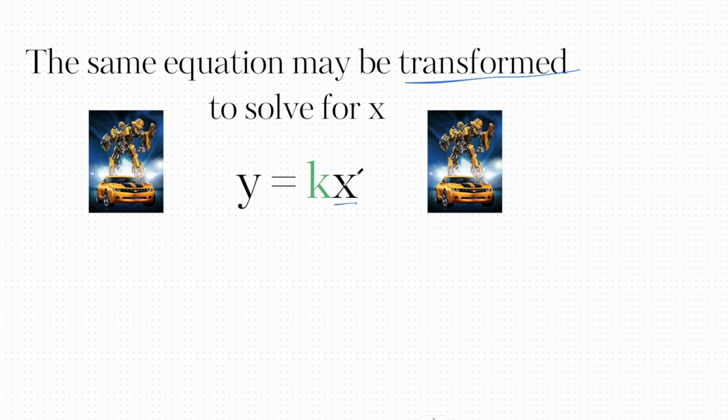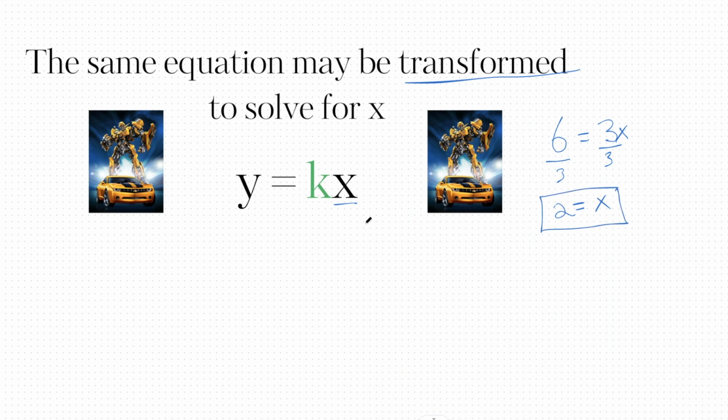Now, to do that, let me show you something a little more basic. Let's say we have 6 equals 3x. Remember, 3x means 3 times x. What you've learned so far in algebra is you can divide both sides by 3 to get x equals 2. We just transformed that equation. That's what you do when you divide both sides by 3.